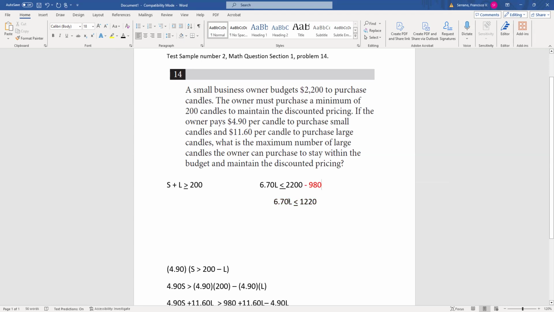We need to divide both sides by 6.70, and so L is going to be less than or equal to 1220 divided by 6.70.